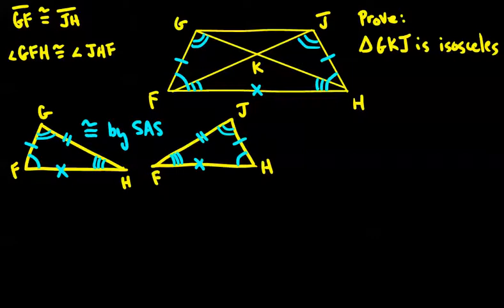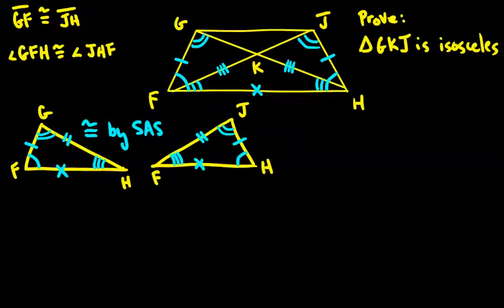Now, with that bottom triangle, FKH, we know that since the base angles are congruent, the sides have to be congruent also. And so now we can mark up that segment FK has to be congruent to segment HK. All right, we're getting there.